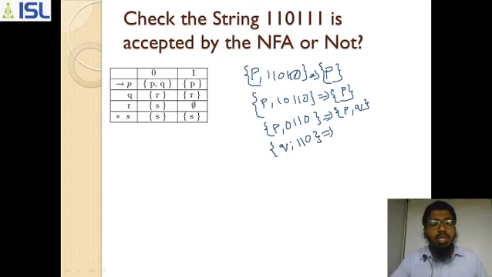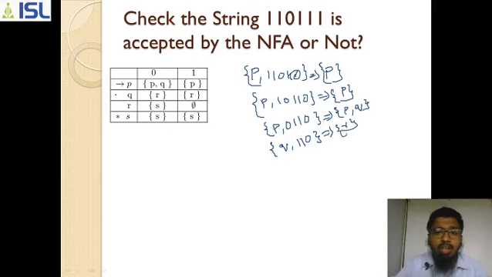What is the answer for q of 1? In the graph, the answer is r. Next, r comma 10. If r is 1, where is it going? Sorry, r on 1 is not going anywhere. So that is finished.